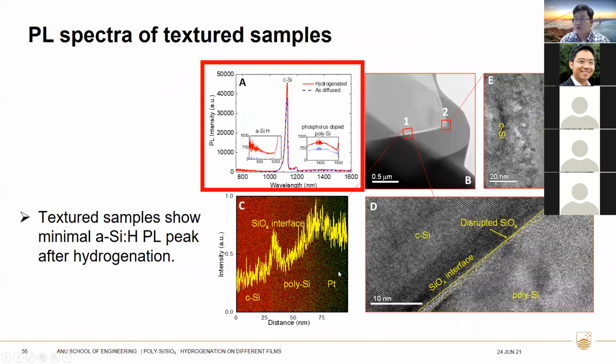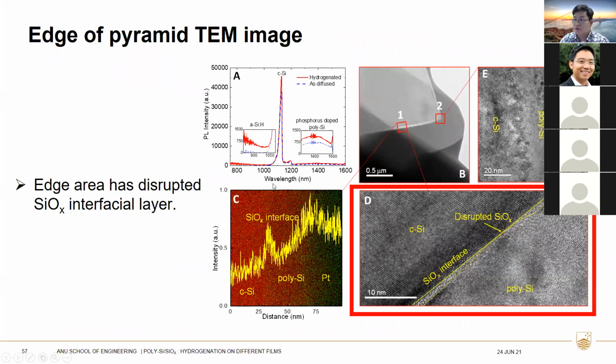We tried to capture the PL of the textured samples before and after the hydrogenation, and there's some significant difference compared to the case of planar samples. On the textured samples, we saw the PL spectra shows minimal hydrogenated amorphous silicon PL peak after the hydrogenation.